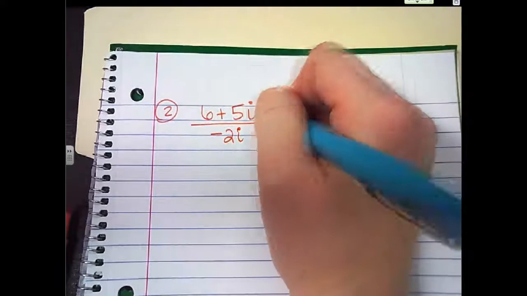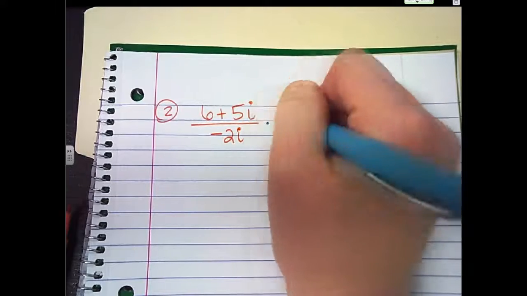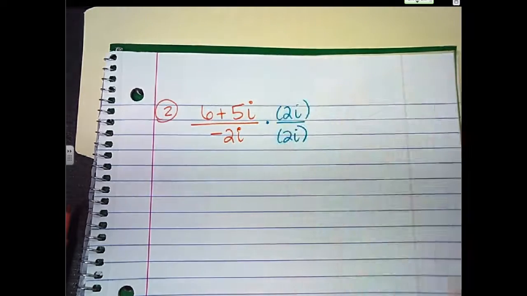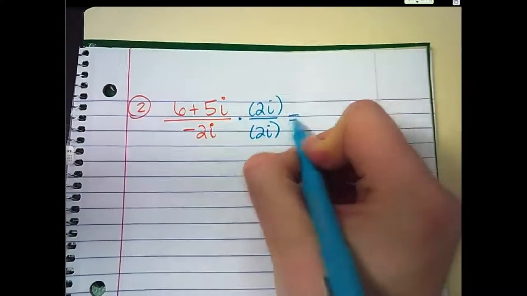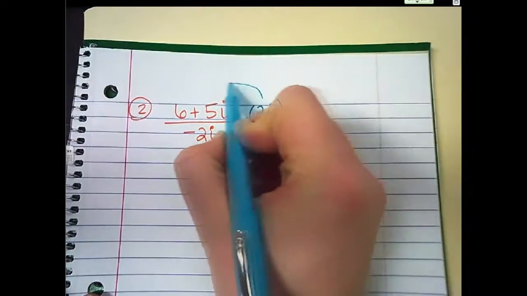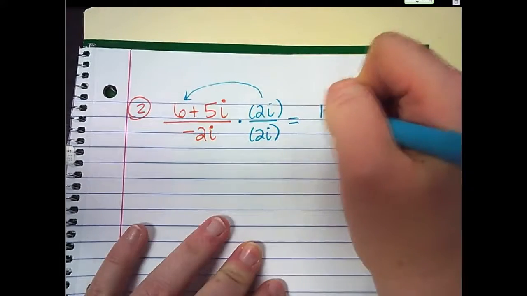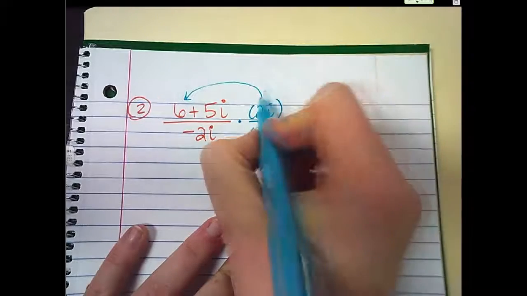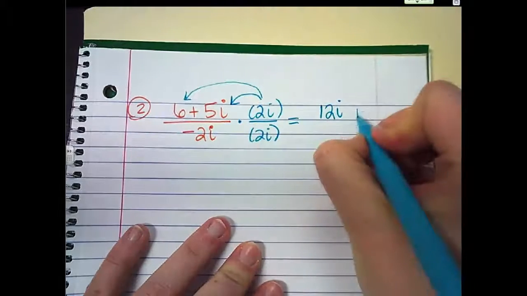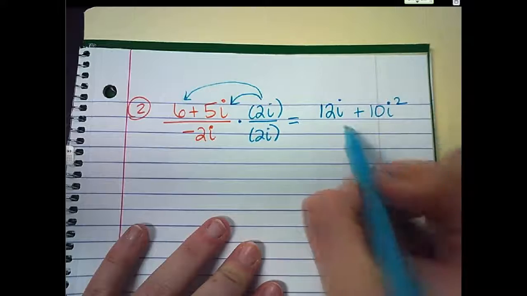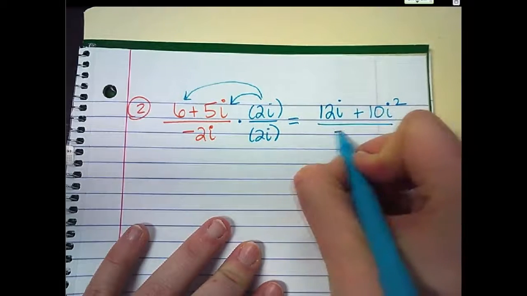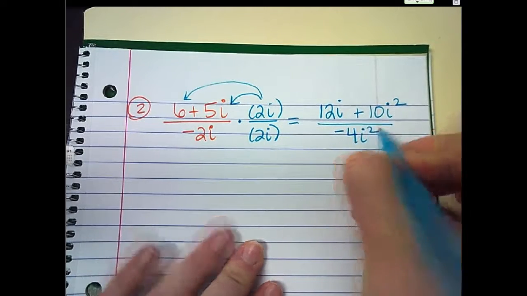Positive 2i, good. So multiply by 2i on top and 2i on bottom. And then just distribute. I just distribute backwards here. So 12i plus 10i squared over negative 4i squared.